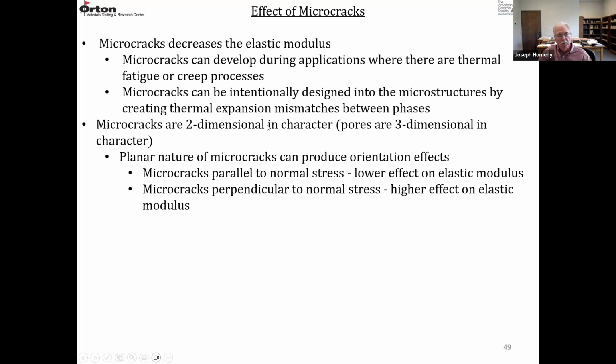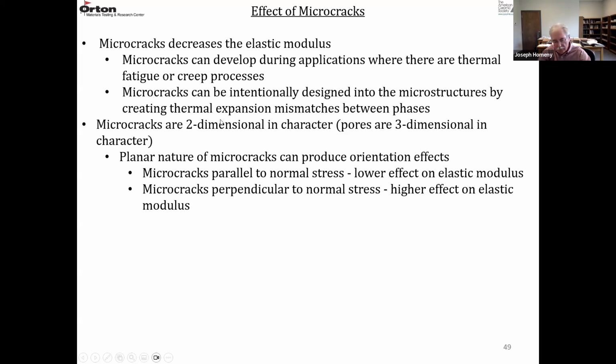So microcracks are two-dimensional, they're thin cracks. Pores are three-dimensional. So with these planar microcracks, there are orientation effects. So if the microcrack is parallel to the normal stress, it has less effect on the elastic modulus. But if it's perpendicular to the stress, it's going to have a higher effect on changing the modulus.